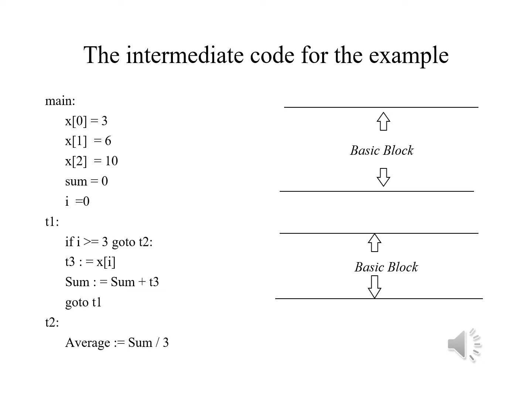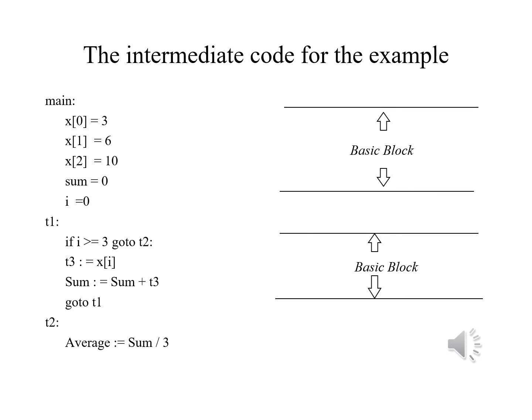We have assignments for all 3 elements in the array X, with X0 set to 3, X1 to 6, and X2 to 10. Here the operation is assignment, and the operands are the array X, the index of the element, and its assigned value. We also assign values to sum and I, but here there are only 2 operands, the variable and the value assigned to it.